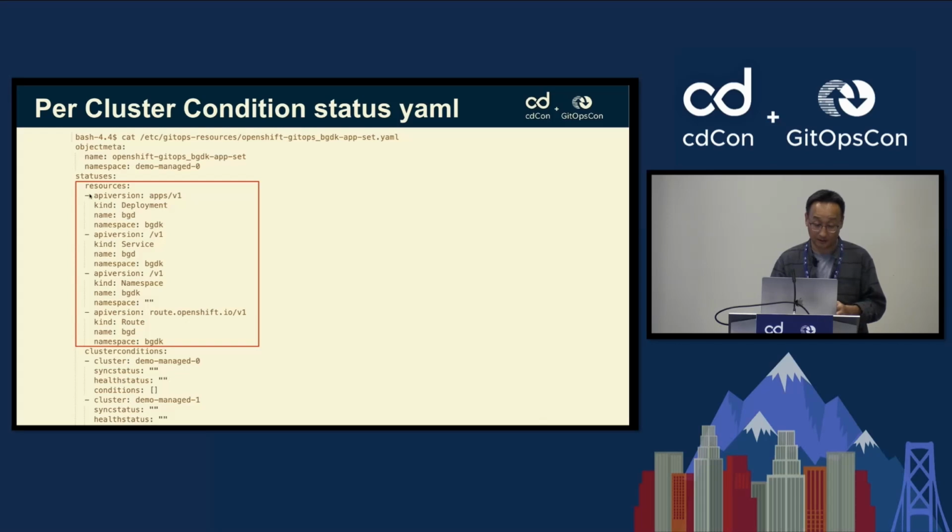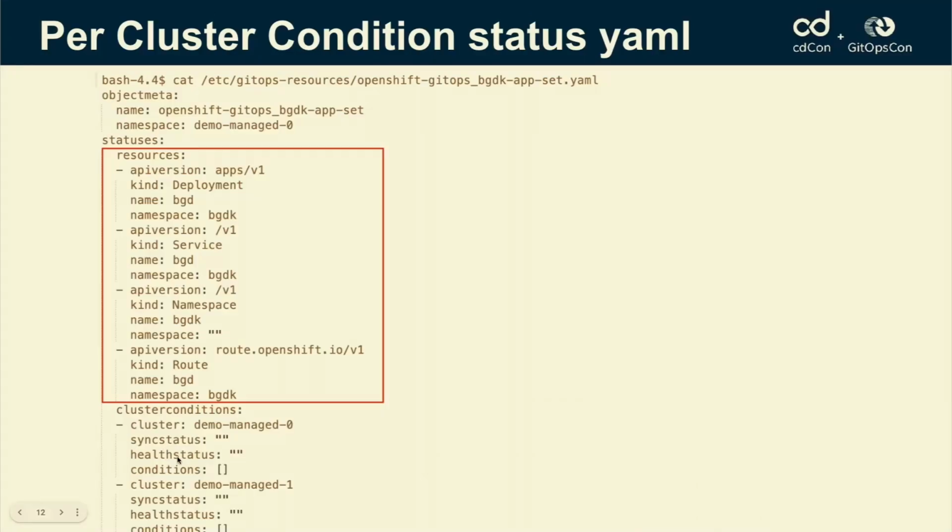See here, the first section is where we get this resource list from the first application we deployed to the first managed cluster. And also we have all the cluster conditions. We have the cluster name, and we have the sync status and health status.